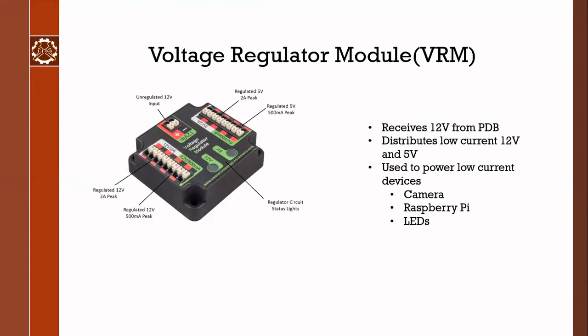It uses different ports to split off the total power. It's used to power low current devices, like I said before, the camera, the Raspberry Pi, and LEDs, things that just don't need the full 12 volts given by the battery. In that sense, it basically just lessens the power.